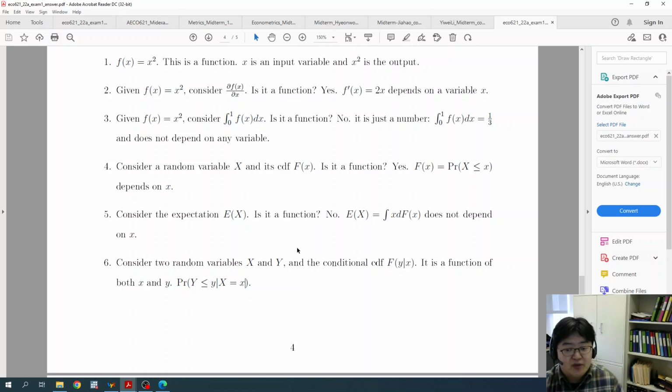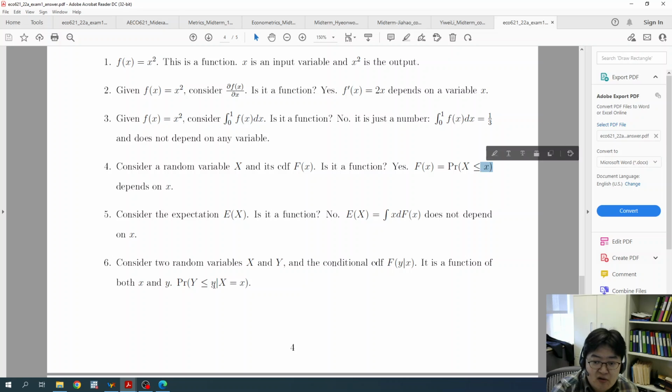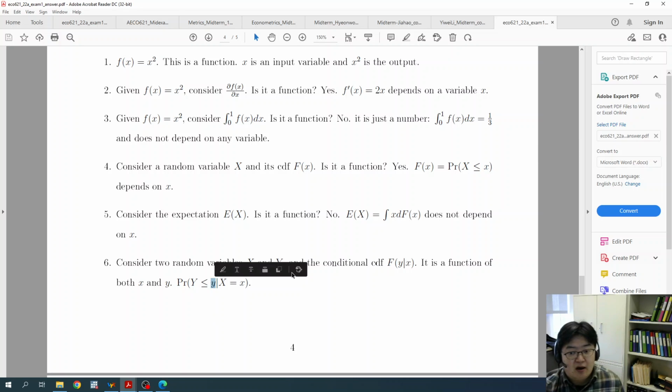But in general, if you choose a different point of x, the distribution of y may be different. So it's a function of x, it depends on x. And also, for the same reason as here, depending on what you choose, the y may give different answers. So it's a function of both arguments, x and y, right?